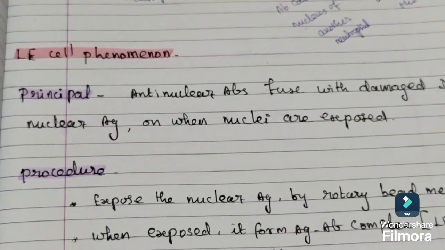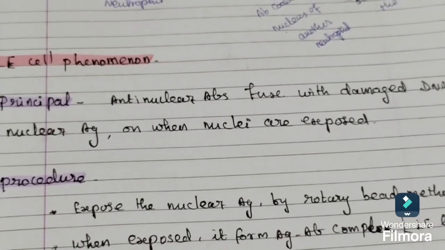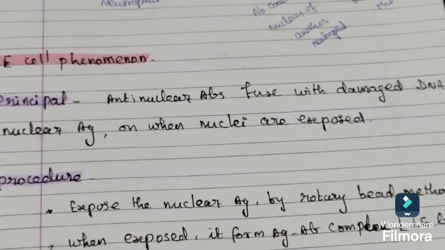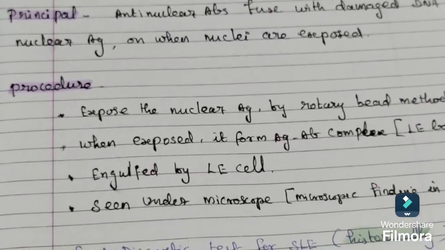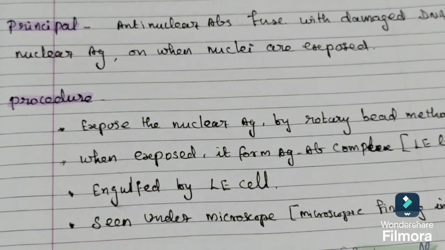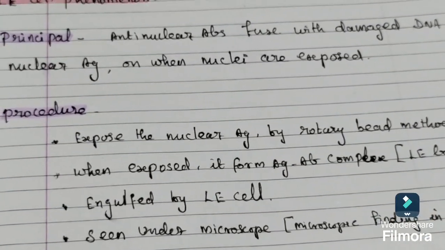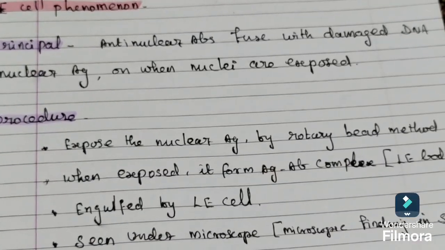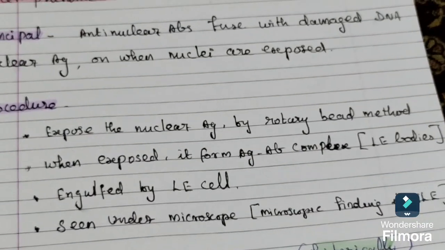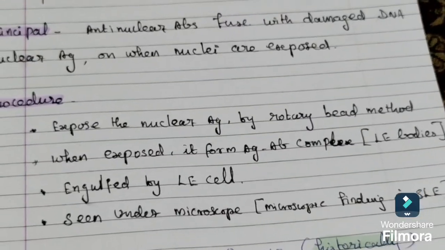That means antigen-antibody fusion only occurs when the nuclei are exposed. Coming to the procedure, first we have to expose that nuclear antigen. When it is exposed, this fusion occurs.